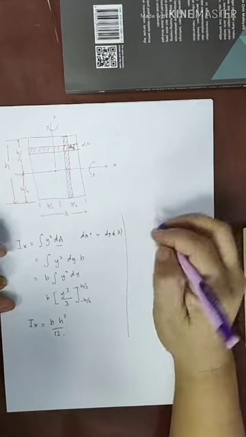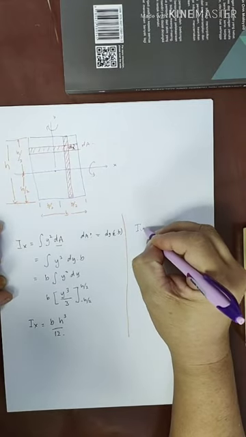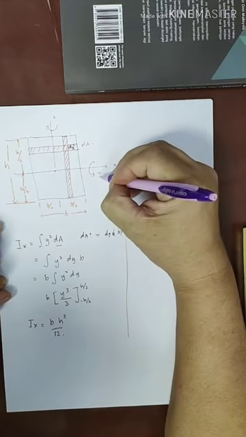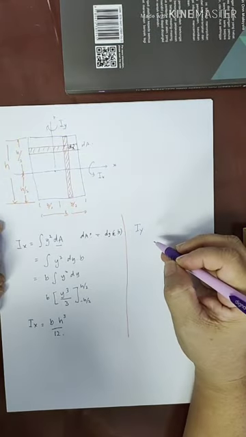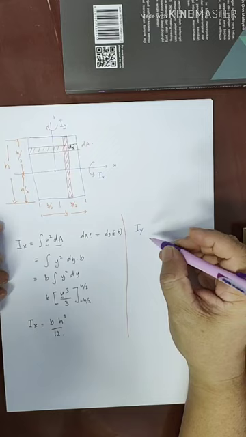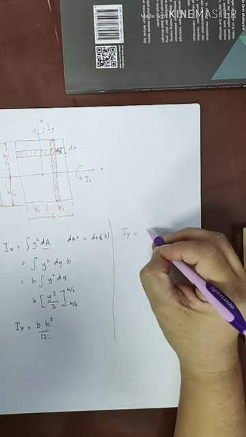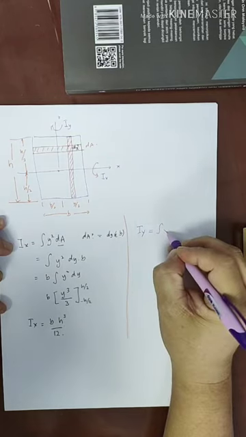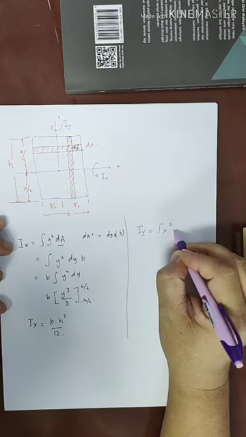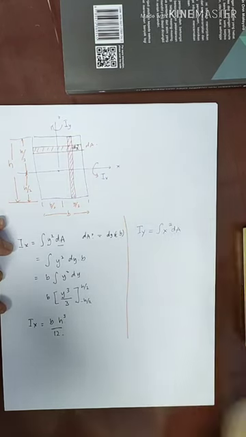Okay, so we have the Iy. This is the Ix and it is the Iy. So what happened is the Iy is equivalent to the integration of x squared dA.